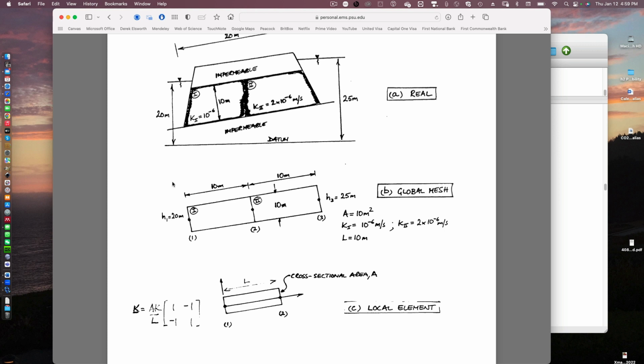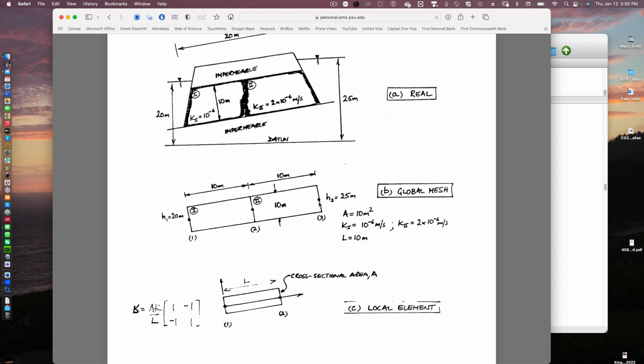The downstream head is 20 meters. And we don't know what this intermediate value of head is. We know that the head is defined upstream and defined downstream, so the unknown is the intermediate head in the center.